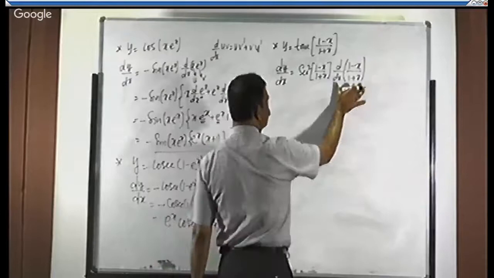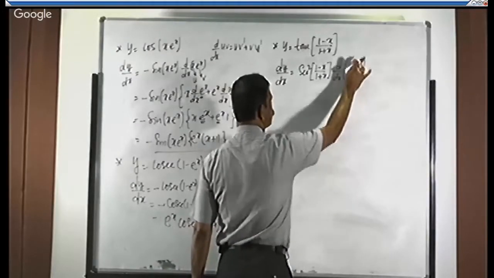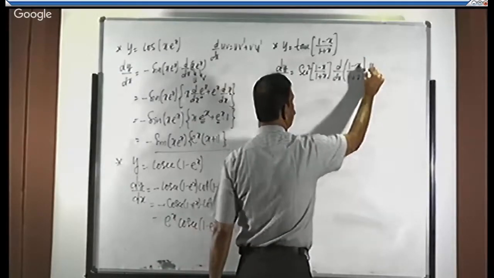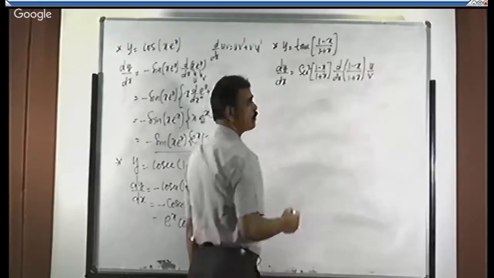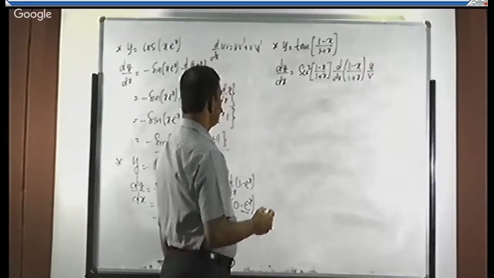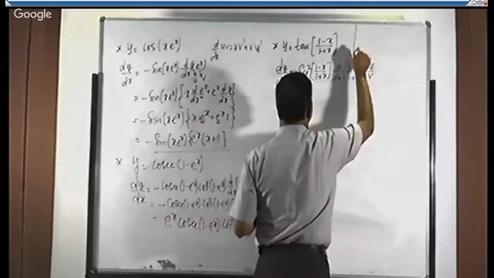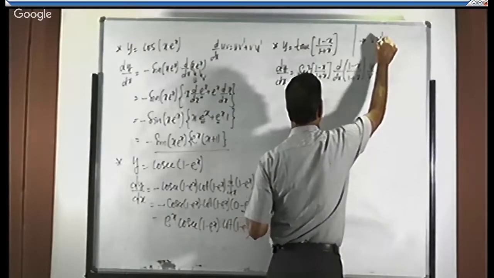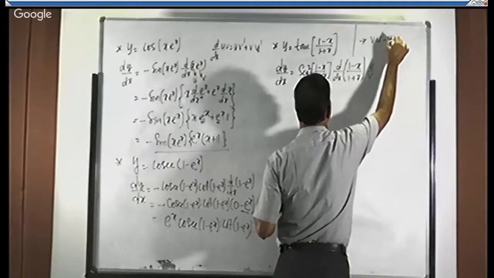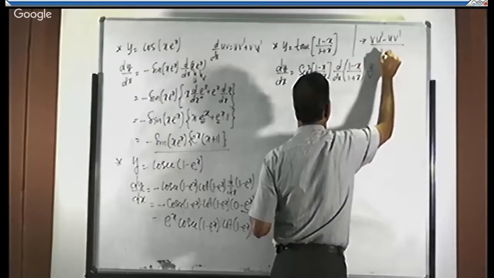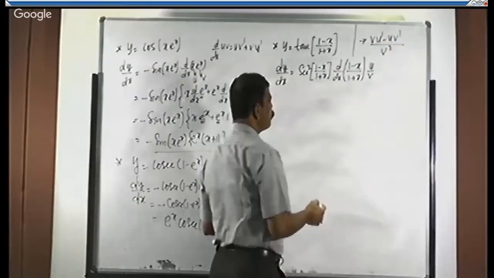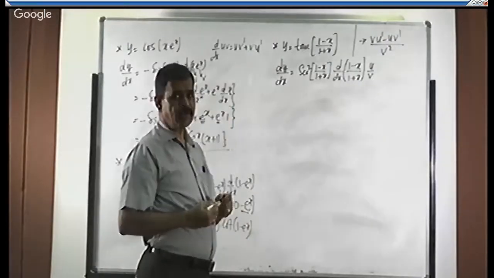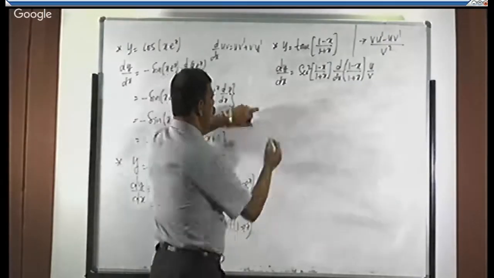How to differentiate this? It is quotient form, u by v form. Therefore, use the quotient rule. What does the quotient rule say? v into u dash minus u into v dash, divided by v square. u dash and v dash are the differentiation of u and v.